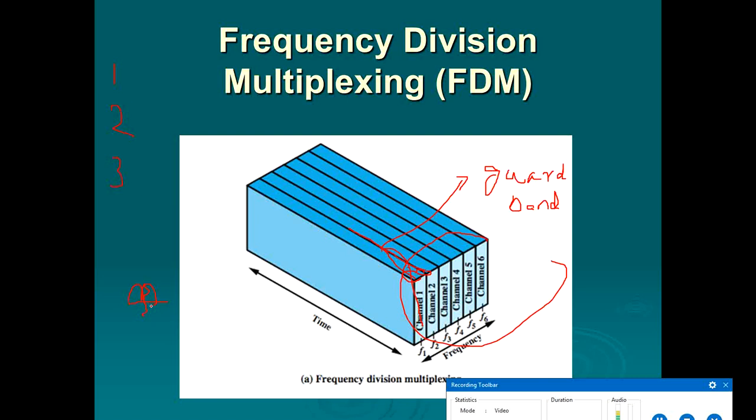Imagine in the case of FM radio, which you normally listen to in your car or at home, if two stations are mixed together, just imagine what information or voices you will be hearing. That's why the stations are separated by a guard band, and the guard band is the unused frequency. Some frequency is given to this band, but it is not used. That is called the unused frequency.